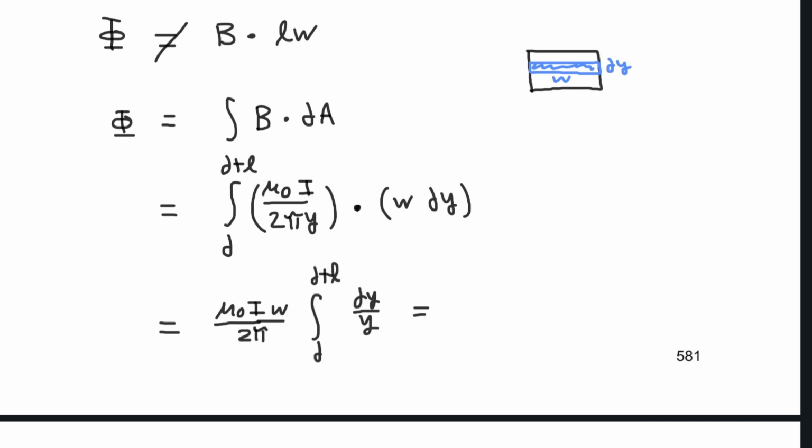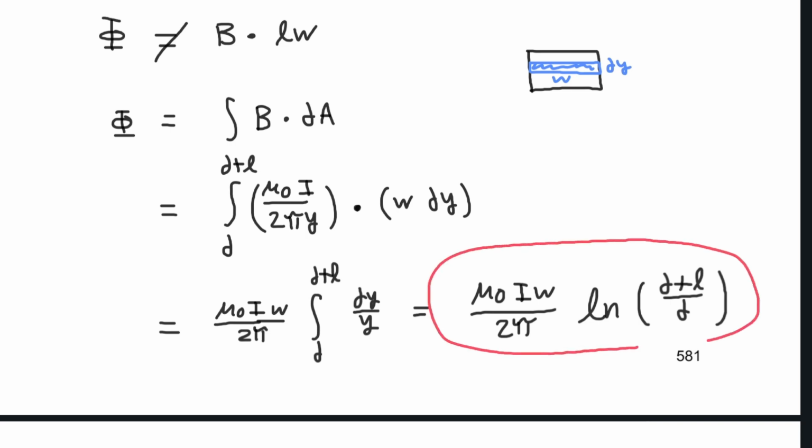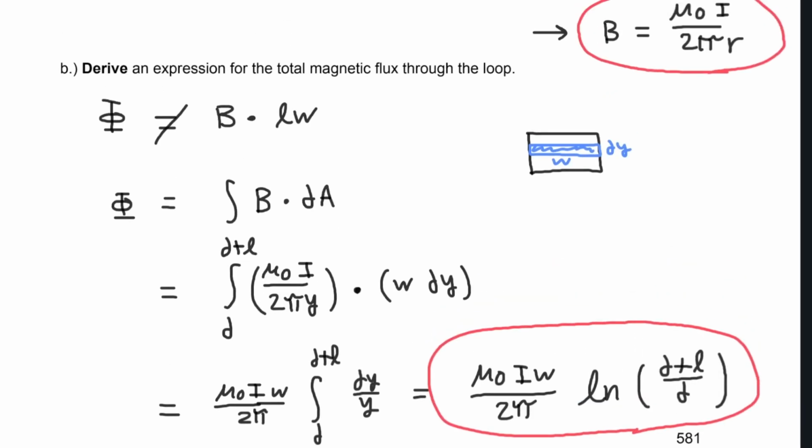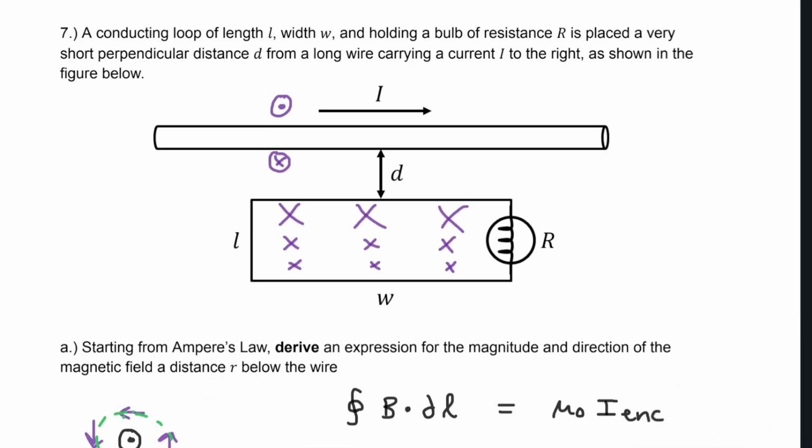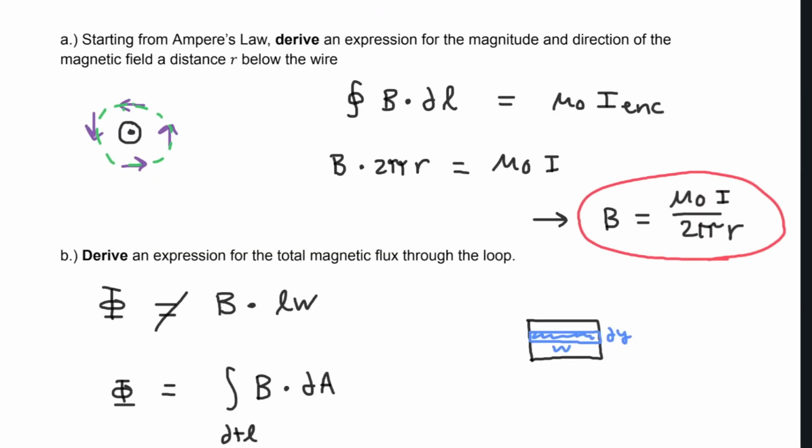Using the fact that subtracting the upper and lower limits inside a log is division, we would get mu naught IW over 2 pi ln of D plus L divided by D. You could simplify a bit further if you wanted to, but this will be fine for our purposes. You could also include a negative sign for the into-the-page field.